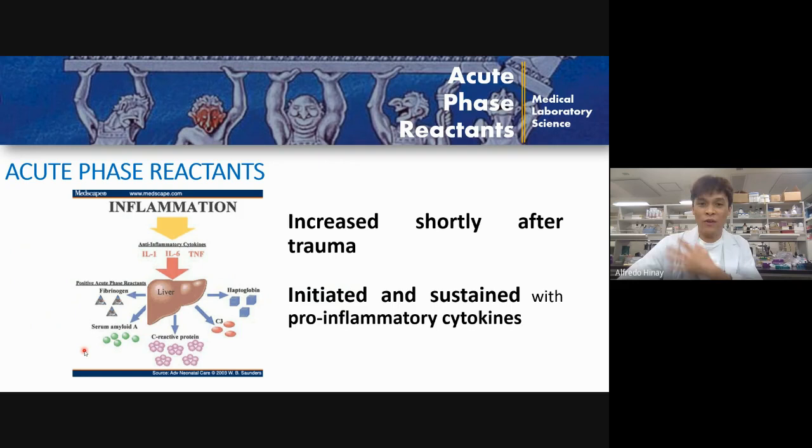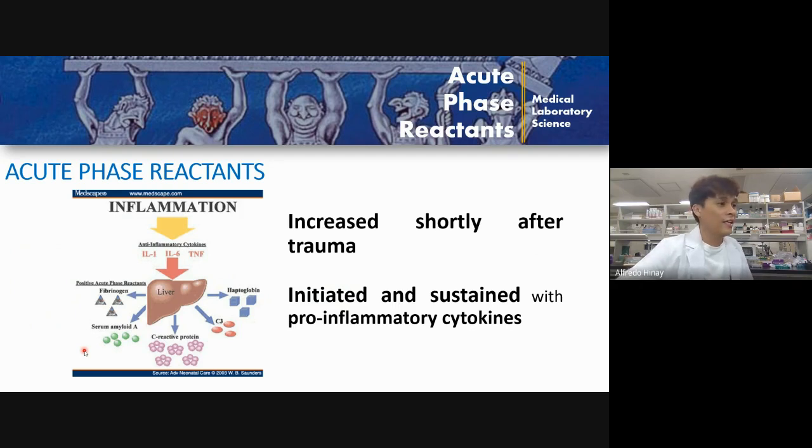Because we know that of all the parts and organs of our body, your liver is the one that manufactures proteins. With that, class, except your antibodies, because antibodies are not produced by your liver, they are produced by your plasma cells. Take note of that. That is the reason why your liver is very important, class.